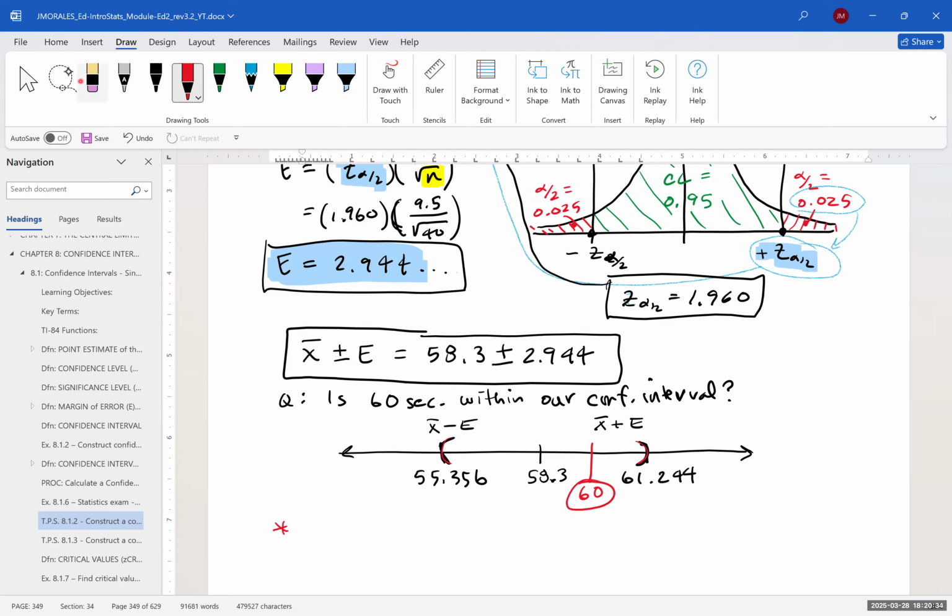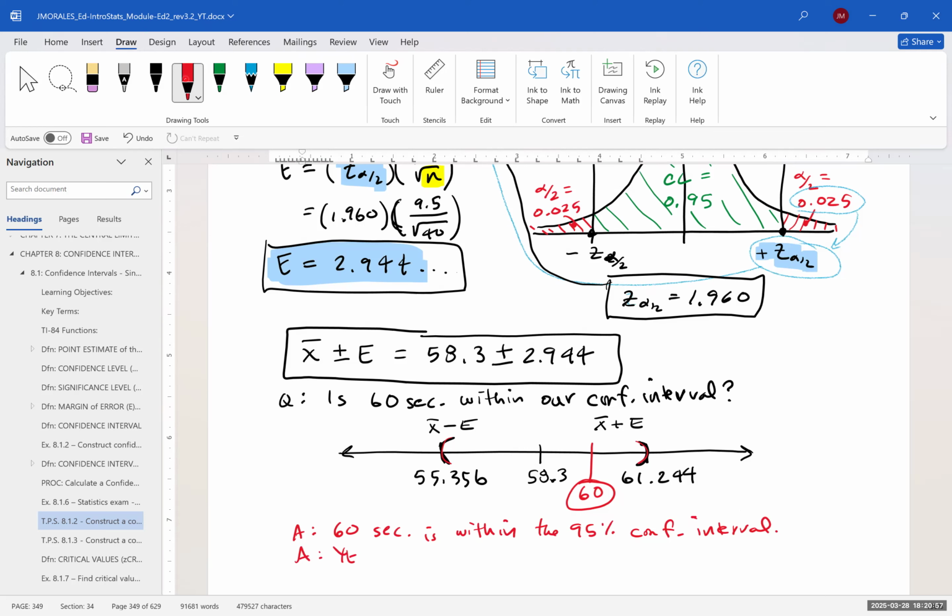So put here, set a star. Let me put our answer. So that 60 seconds is within the 95% confidence interval.